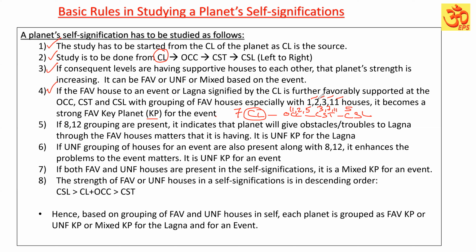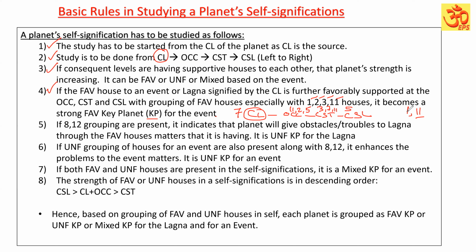What is the advantage of this? In general, for any event, 1 and 11: Lagna always plays a role for good things and bad things also. If it is connected to 11, it is going to be favorable. If it is connected to the 12th house, it is going to be unfavorable.